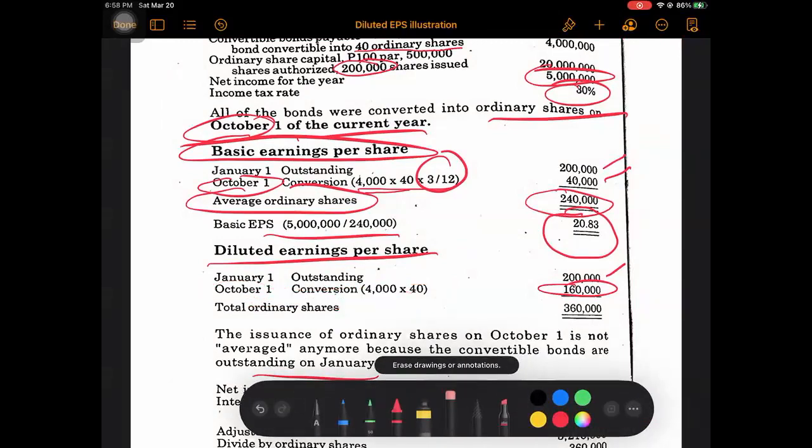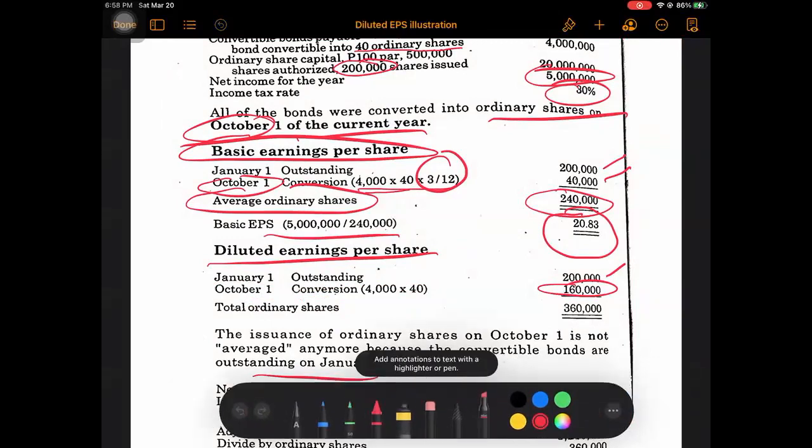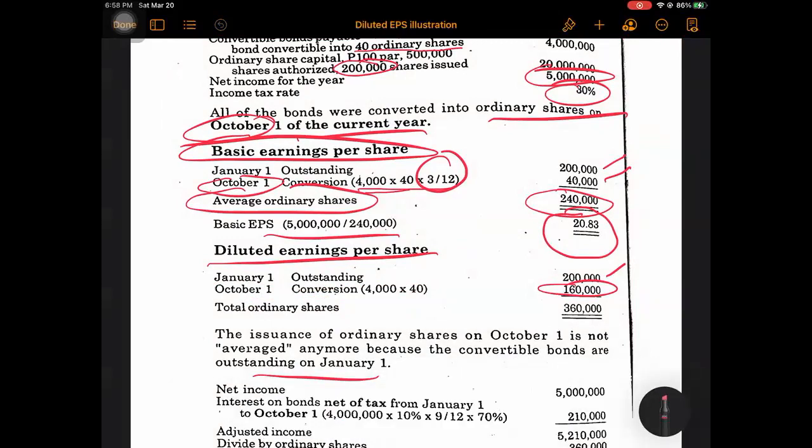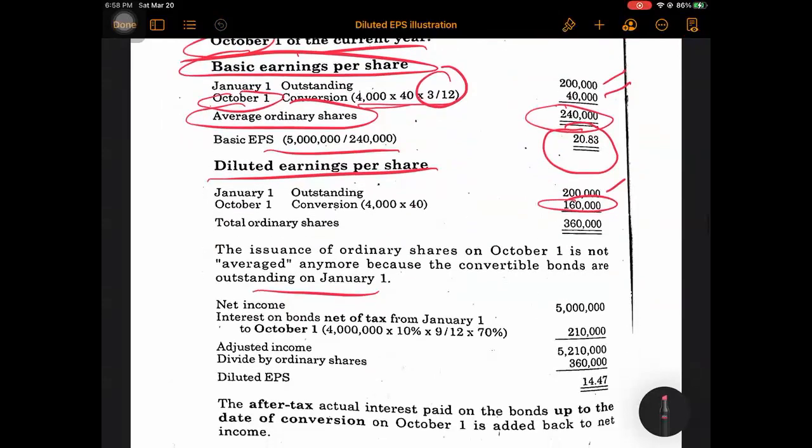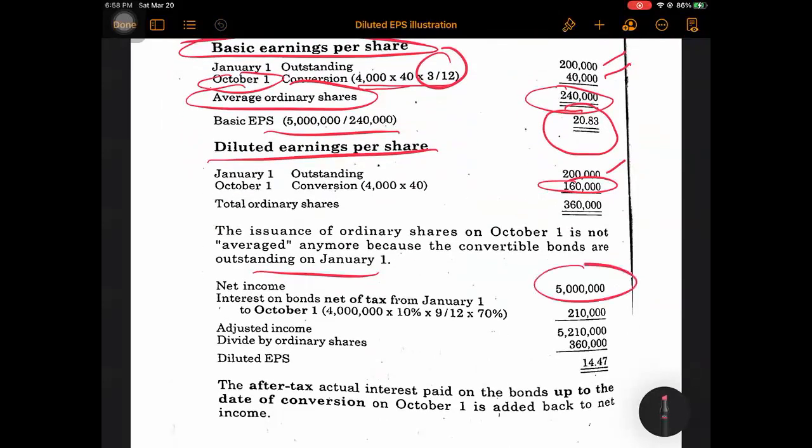Okay, so ma-iba lang sa computation nimo imong basic earnings per share because there is actual conversion, madugangan imong actual outstanding ordinary shares. In the computation also of your net income, tanawa, you have 5 million. Siyempre, ang interest nga imong i-compute is from January 1 to the date of conversion.